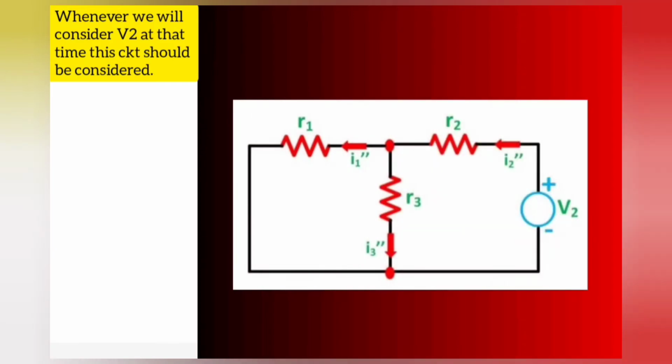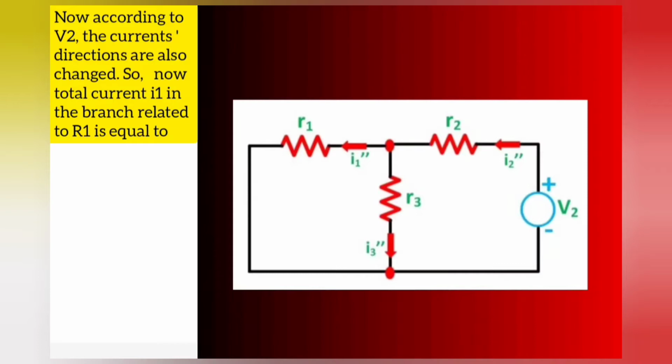When we consider V2, this circuit should be considered, and now according to V2 the current directions are also changed.